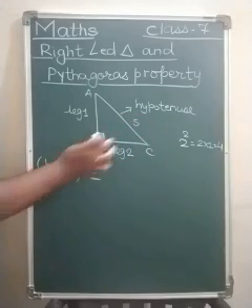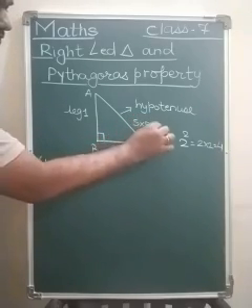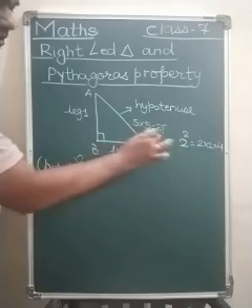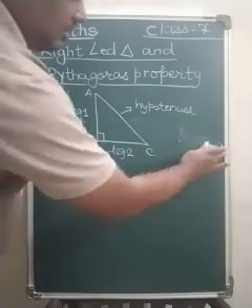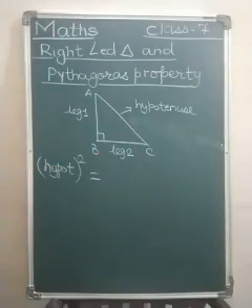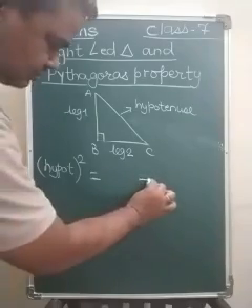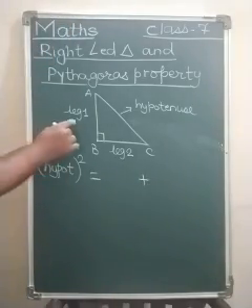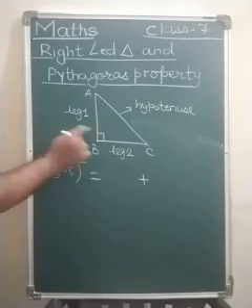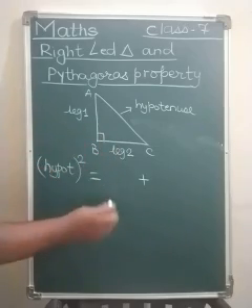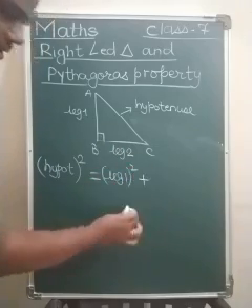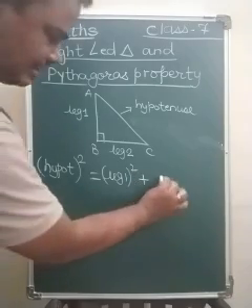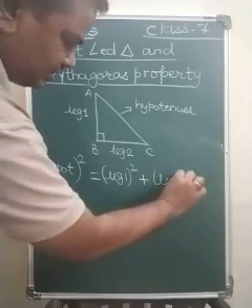If you take 5 square, 5 into 5, it would be 25. So this 5 square, 25, equals the sum of the squares of the two legs, that is leg 1 square, sum means addition, and leg 2 square.